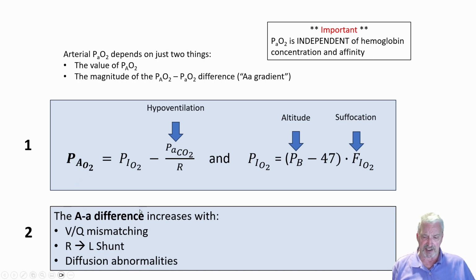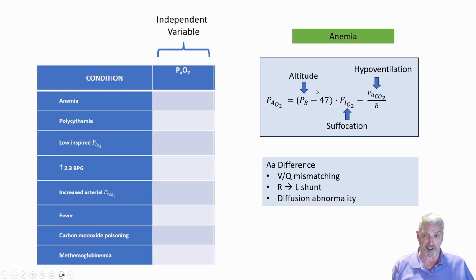And then the AA difference, we already said, was VQ mismatching, right to left shunt, and diffusion abnormalities. So these are the 6 things, 3 here and 3 here, that can affect PaO2. Notice that hemoglobin's concentration and affinity do not affect the partial pressure of oxygen in arterial blood.